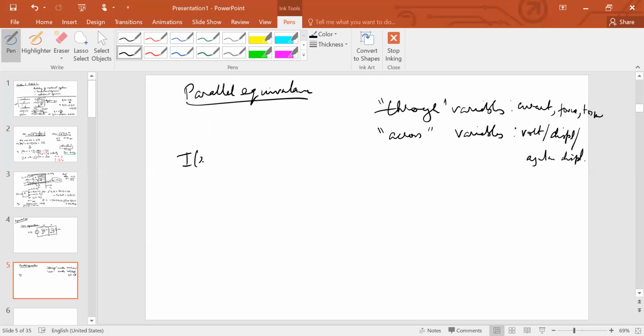In an electrical circuit, you will have Is given by, for example, if you have a nodal equation. So let's suppose you are supplying a current Is through a source to a junction here.